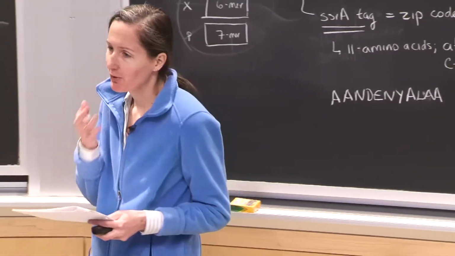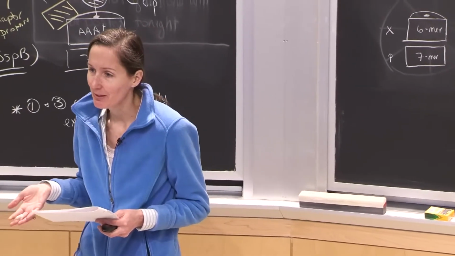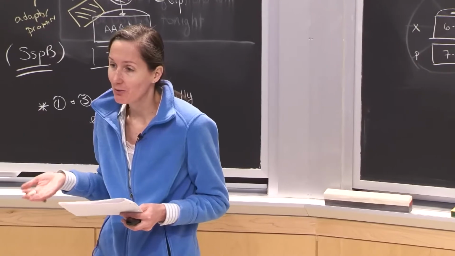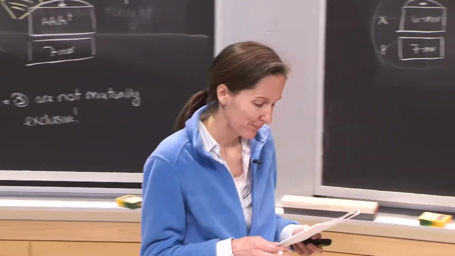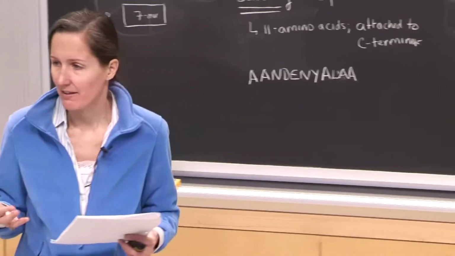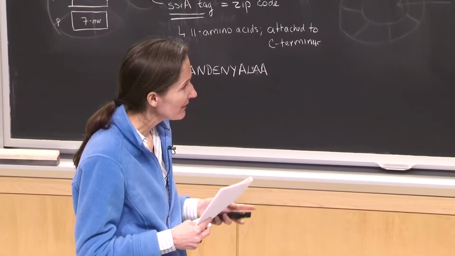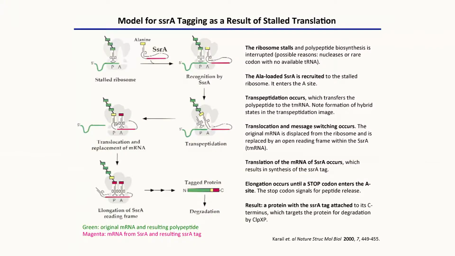So this is pretty interesting, just from the standpoint of what we know about EF-Tu. We don't have a typical anticodon here. So how does that happen? We're not going to go into details, but curiosity should beg those questions. So what happens? We can look at this cartoon overview here.